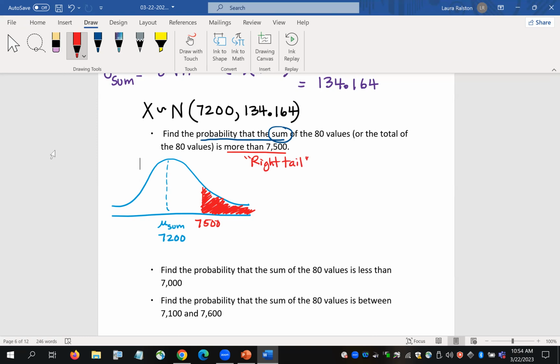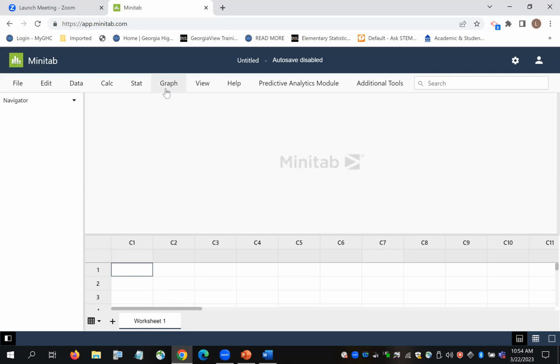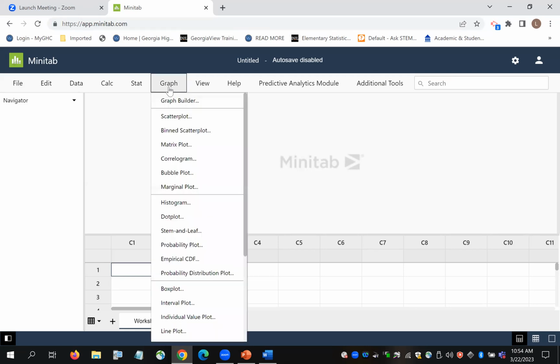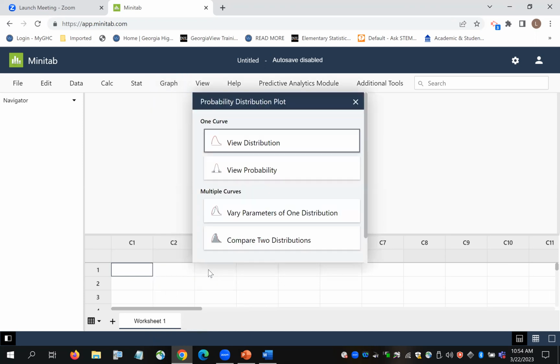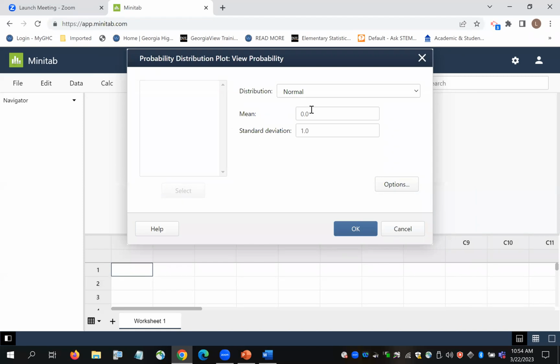So again, I'm using the normal distribution. So I'm going out to Minitab. Same keystrokes. Graph, probability distribution plot, one curve. We want to view the probability. Double click. It is normal. Our mean is 7,200.